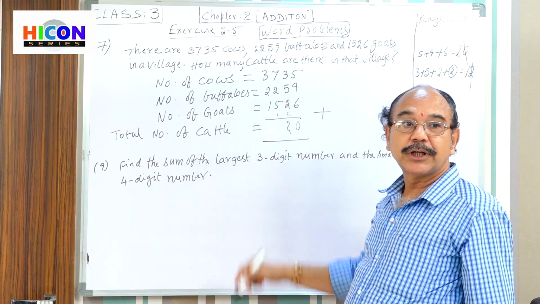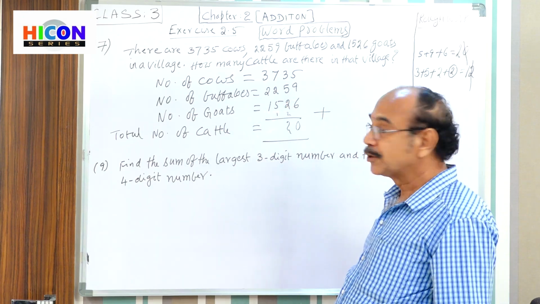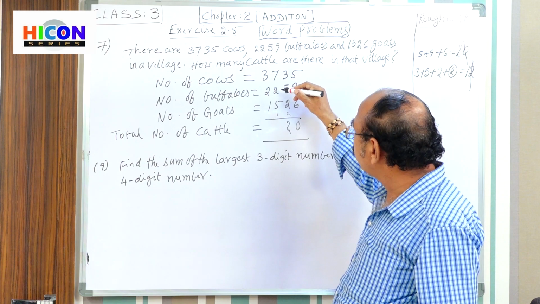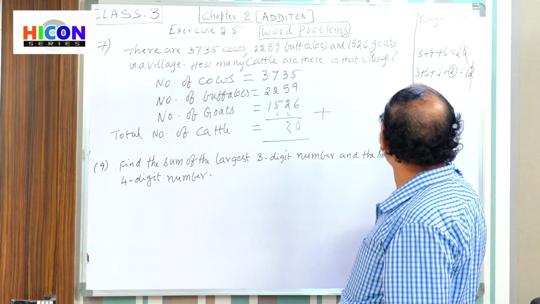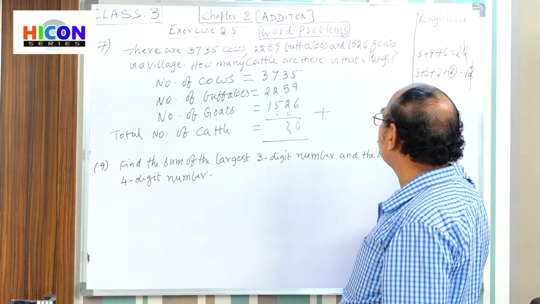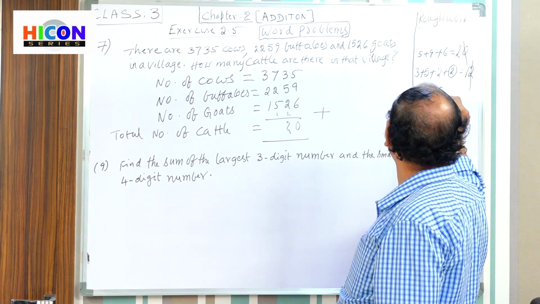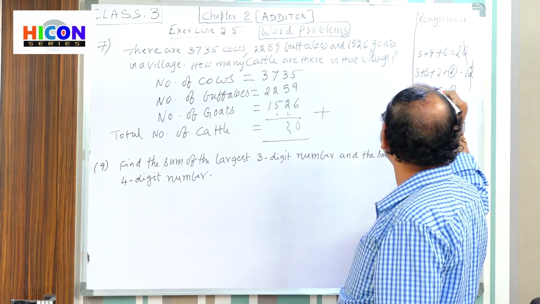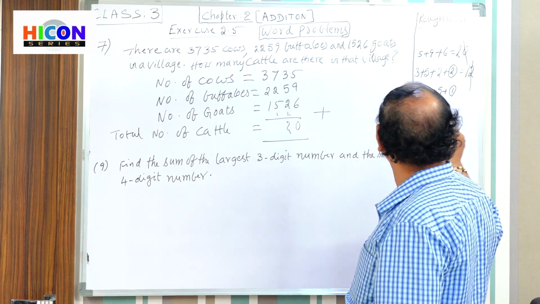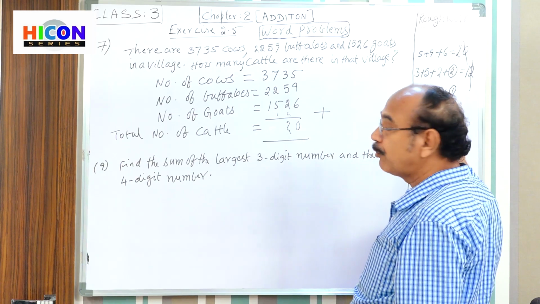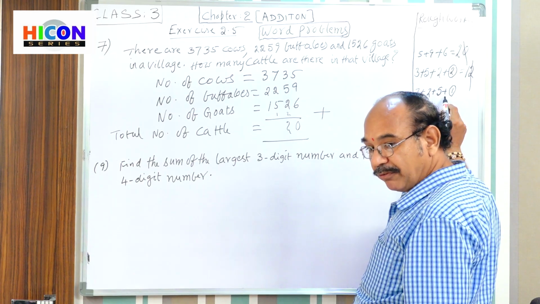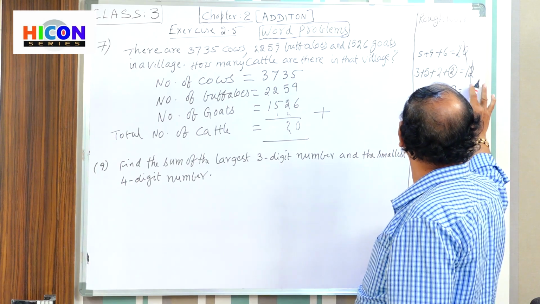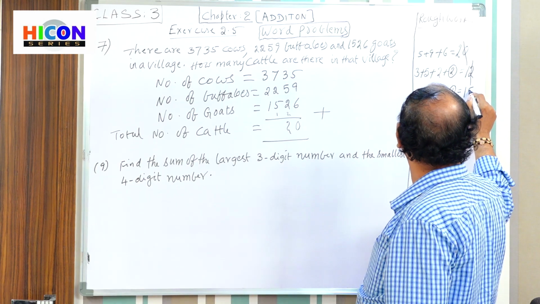Now add the digits in the hundreds place. That means 7 plus 2 plus 5 plus 1, this is the carried 100. Now 7 plus 2, 9 plus 5, 14. 14 plus 1, 15. So I write here 15.